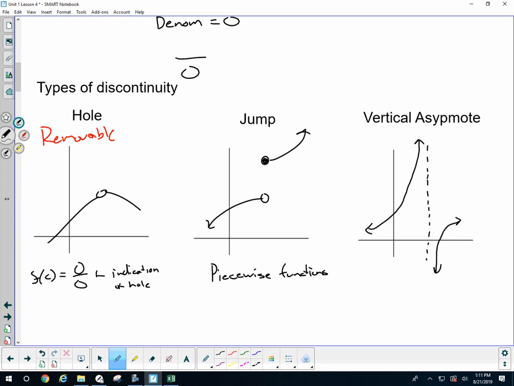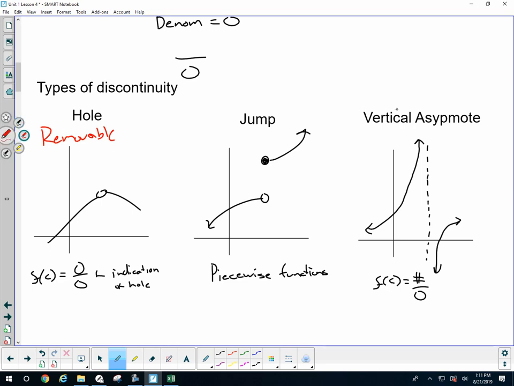Now, what I'll tell you right now is that you will see a vertical asymptote when plugging in a value, you get some number divided by 0. We'll discuss more why number over 0 means vertical asymptote next class. Okay, but if I plug in a value and I get a number over 0, that's a vertical asymptote.